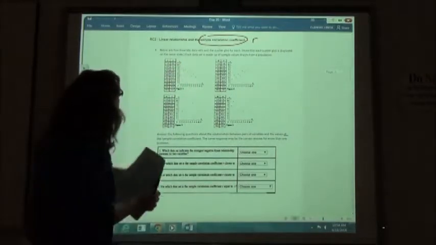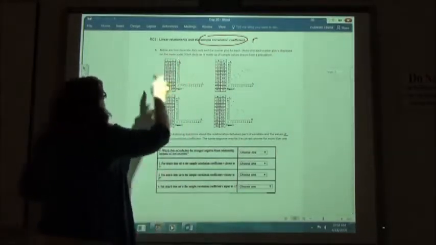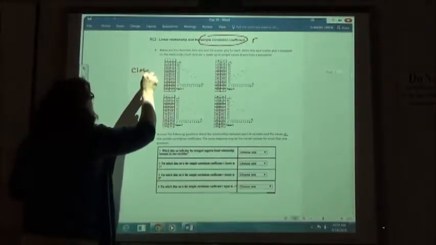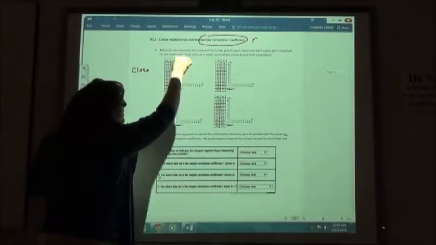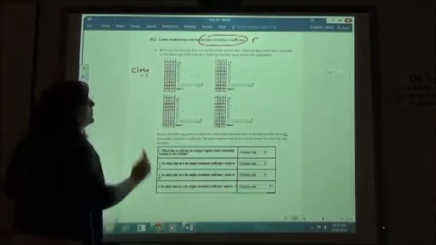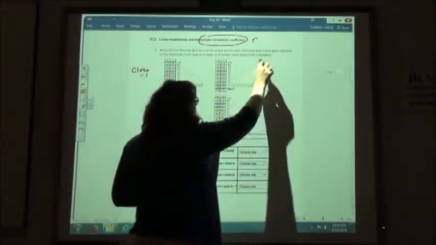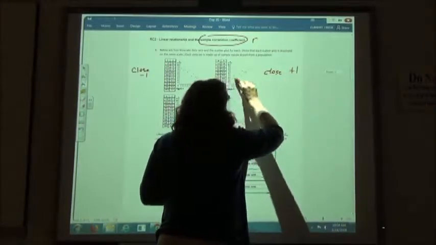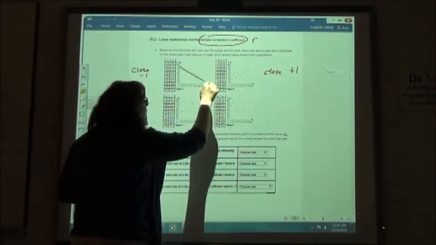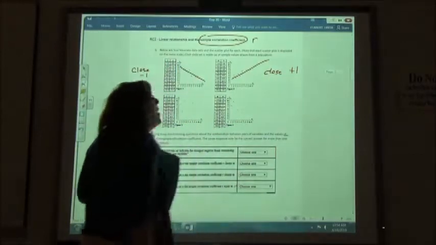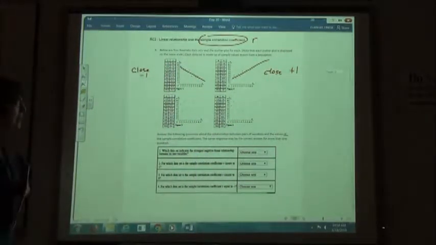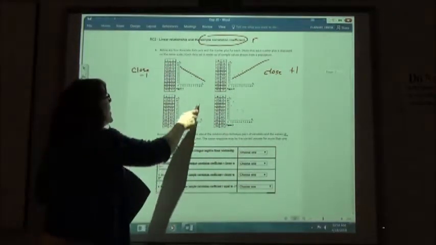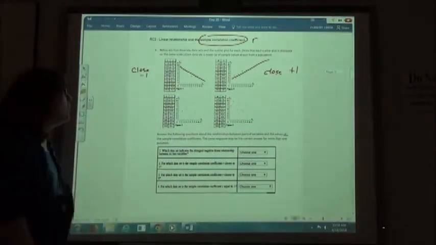On this one, my R value would be close to negative 1 because that's going downhill. On this one, again, my R is going to be close to positive 1 because it's going up. Here's my line going down, here's my line going up, but my dots aren't exactly straight. Here, you'll notice that my dots are scattered all over the place.